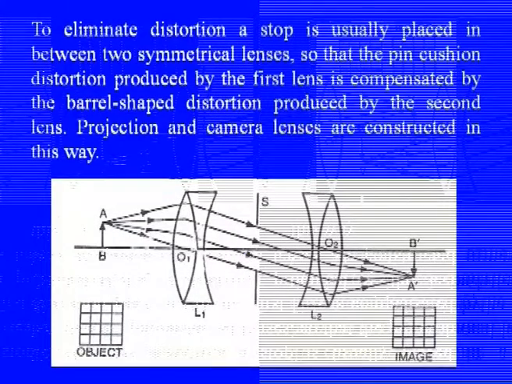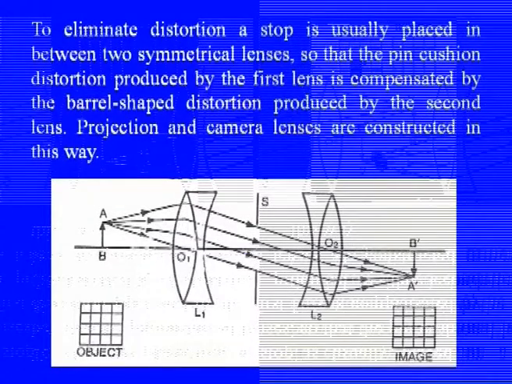So, that immediately gives us an idea. To eliminate distortion, a stop is usually placed in between two symmetrical lenses, so that the pincushion distortion produced by the first lens is compensated by the barrel shaped distortion produced by the second lens. Projection and camera lenses are constructed in this way.